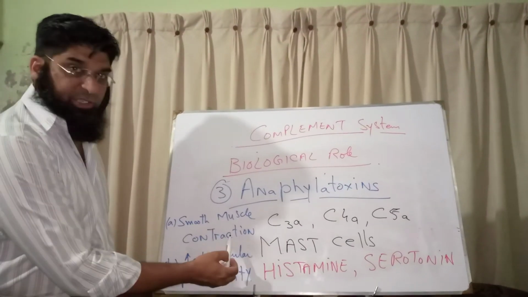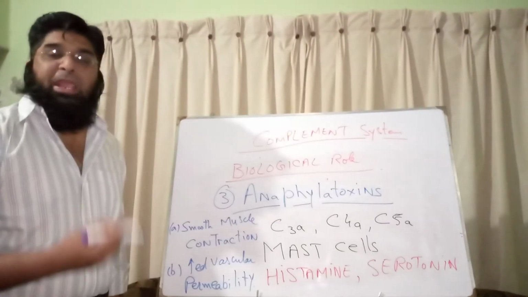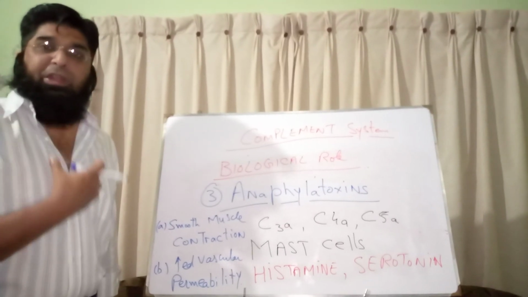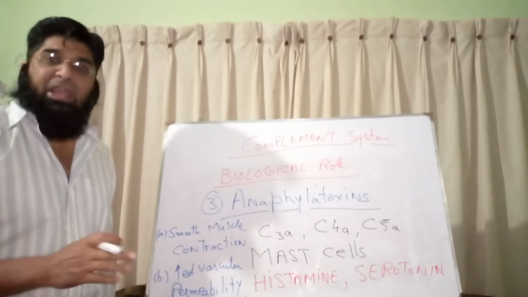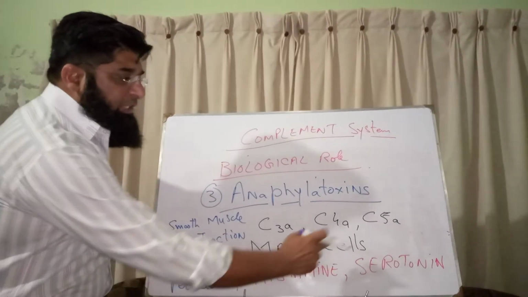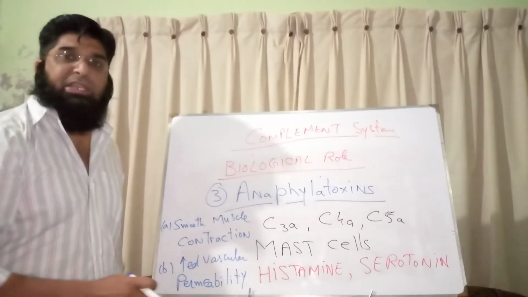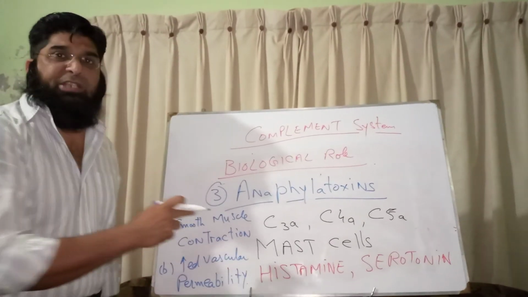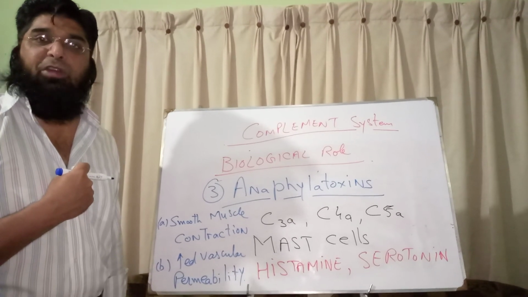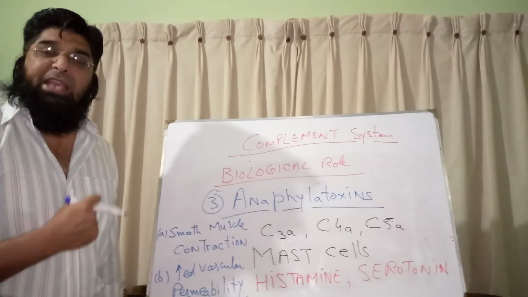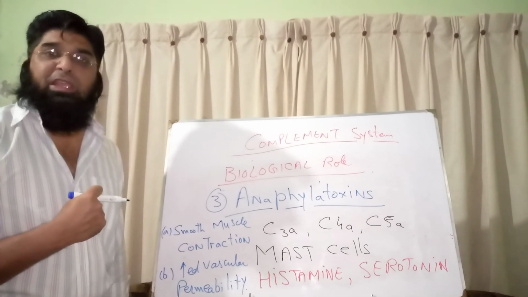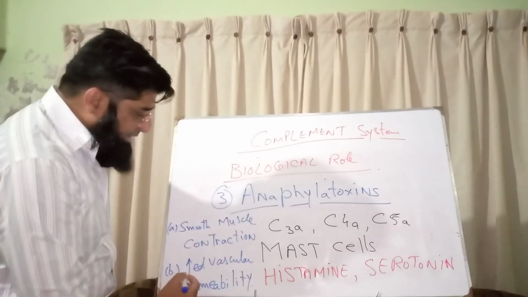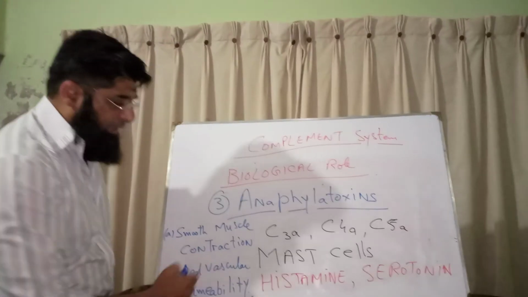Smooth muscle contraction: mainly, smooth muscles are located in our respiratory tract. When histamine and serotonin are released in the blood by the mast cells, there is contraction of smooth muscles of our respiratory tract. As a result, the patient feels difficulty in breathing. Second is increased vascular permeability.